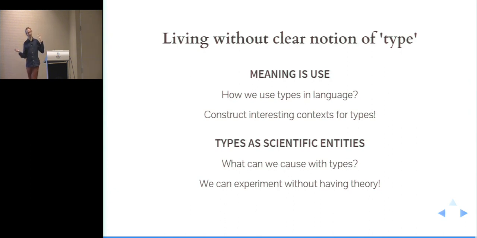And one answer is, well, you only know what an electron is when you can cause things with it, when we know how to do something with electrons. And I think there are also interesting things to be said about what we can actually do with types without worrying about what's the theory behind it. When you can use types to build something and you see that it works, that's an interesting result.